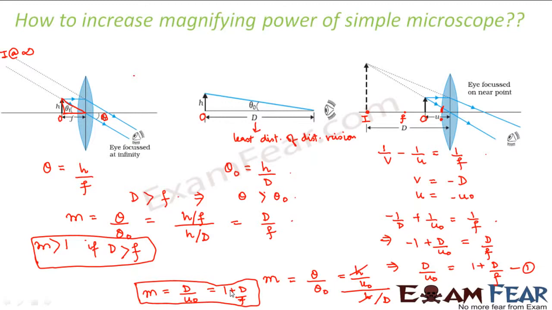And it is seen that the magnification can only go up to a certain limit, and after that, if the image comes out to be very large, in that case the image is very much defective, because here we have assumed that the image is at the least distance of distinct vision. Now if we try to bring the object even closer, maybe the image size will increase, but since the image also starts coming closer, in that case the vision will get blurred.